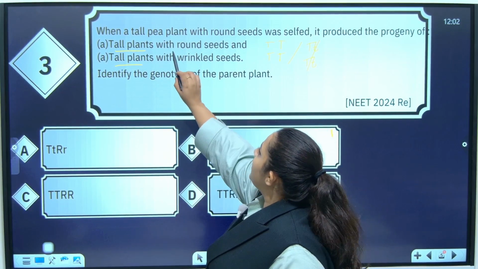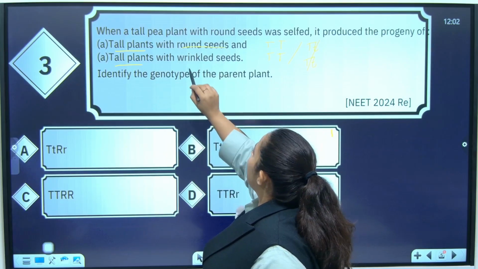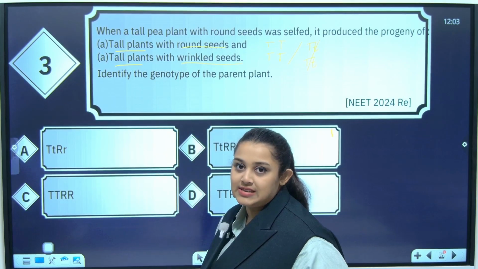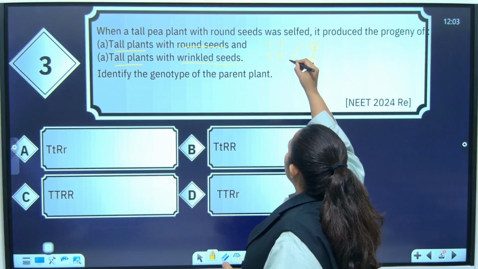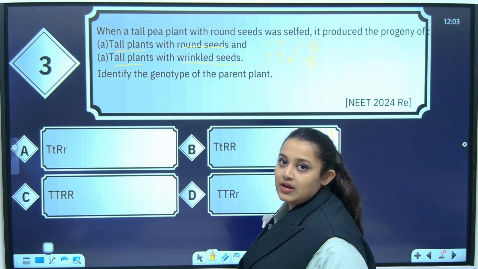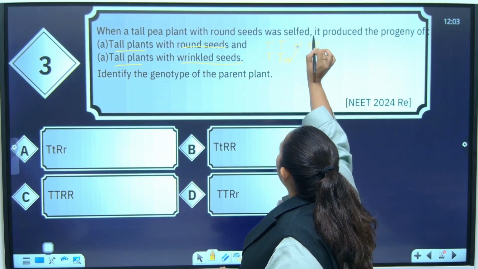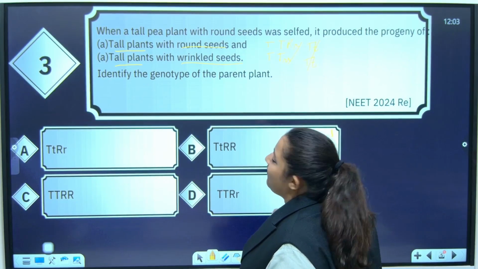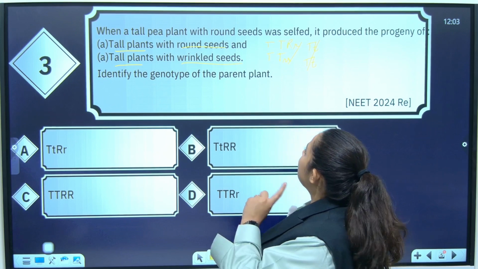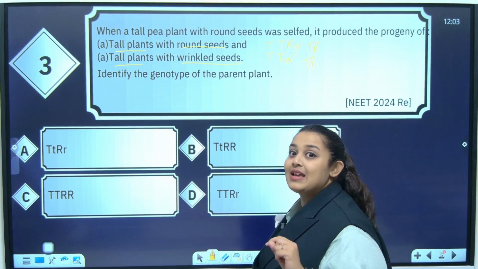The first one was with round seeds and the second was with wrinkled seeds, which means we do have a small r for sure. Over here we might have one or we might not have at all, but at least we have one capital R.